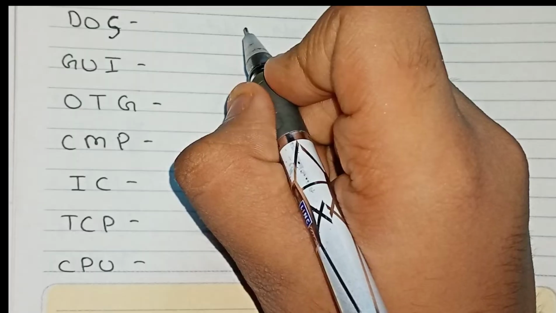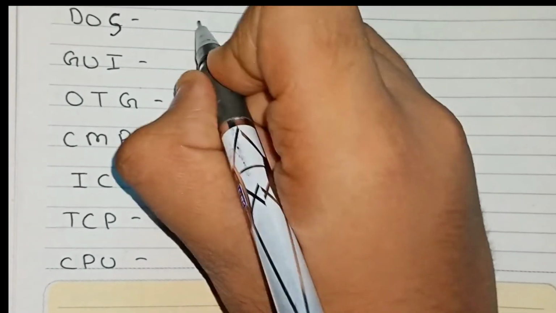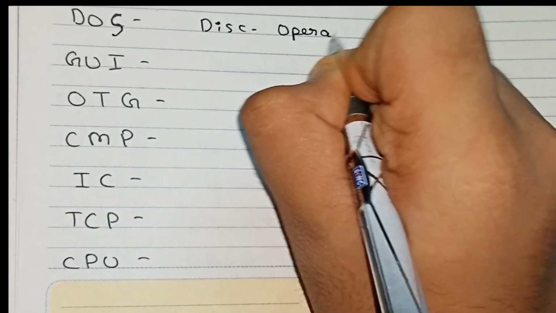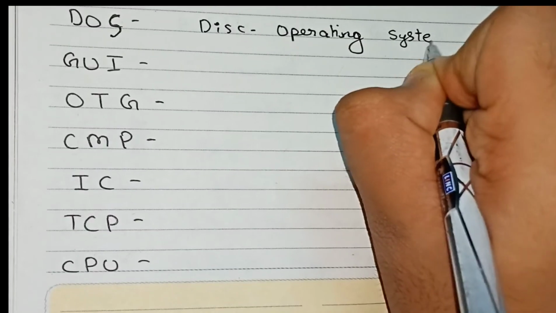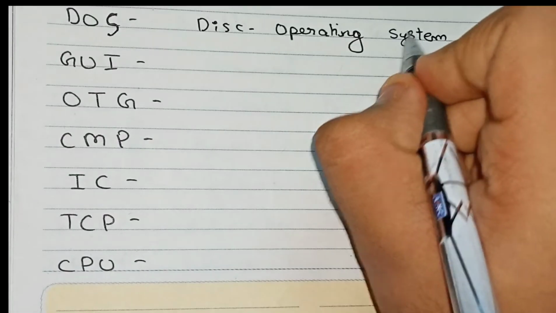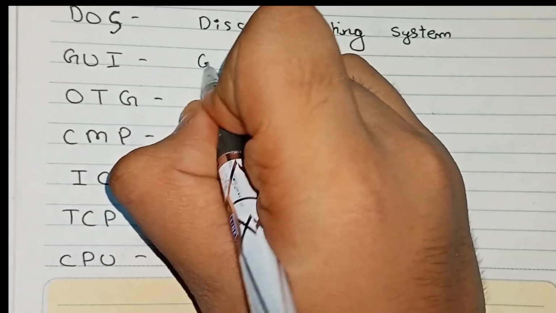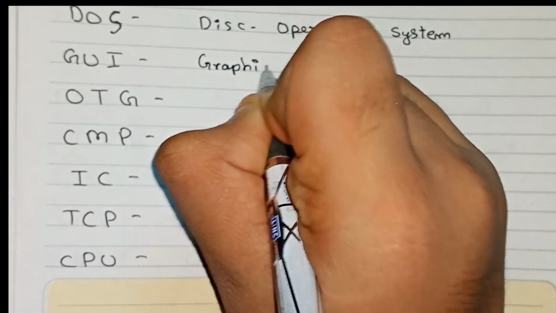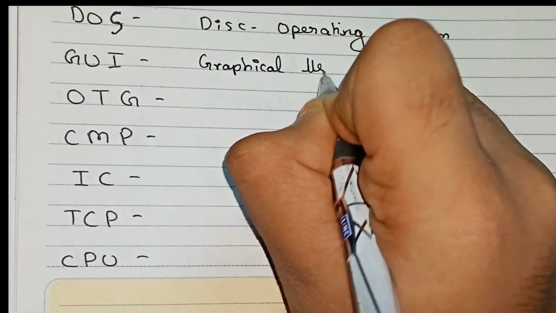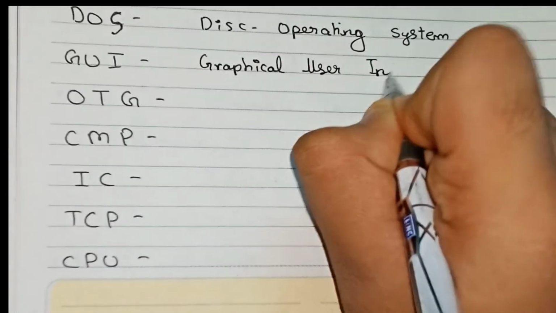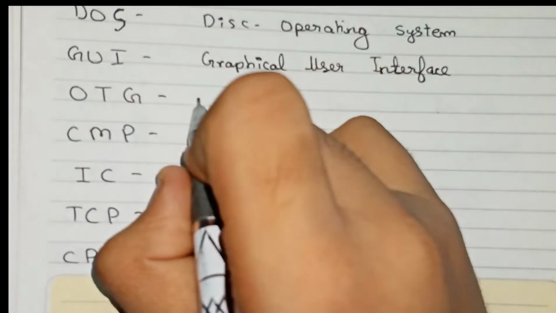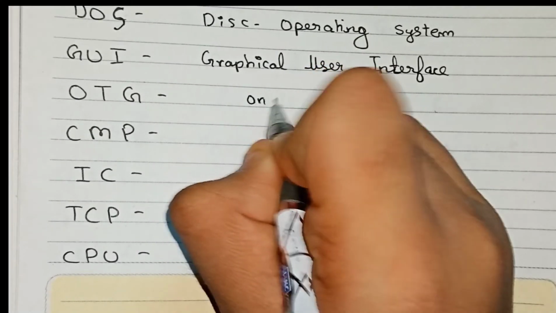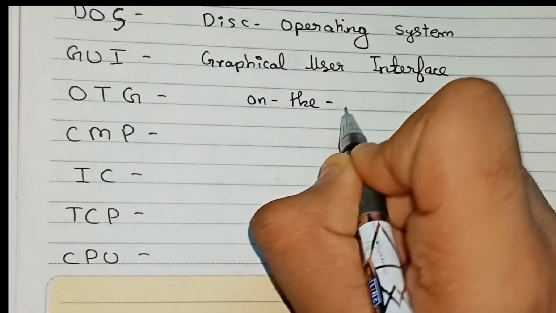Next is DOS, that is disk operating system. Next is GUI, that is graphical user interface. Next is OTG, that is on the go.